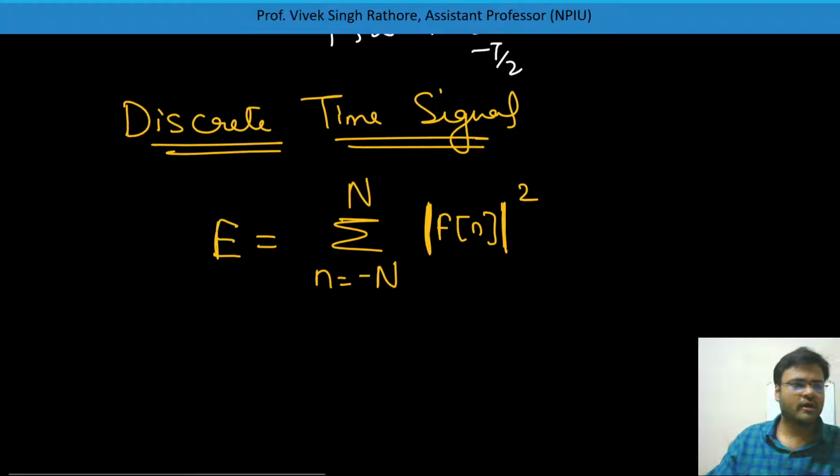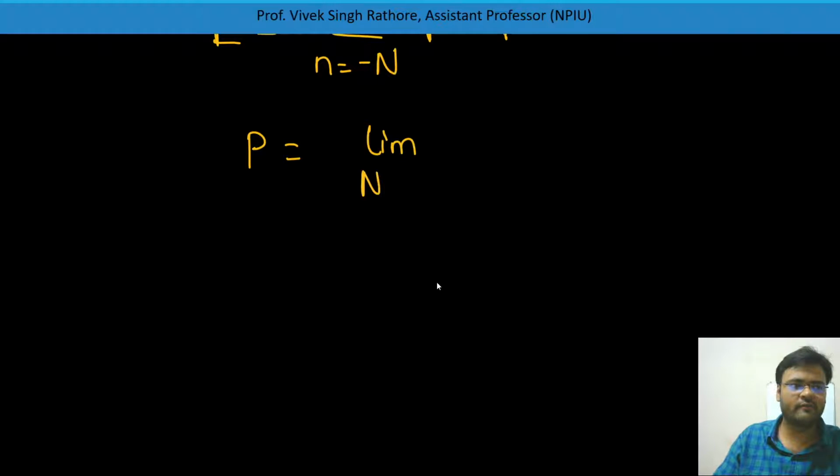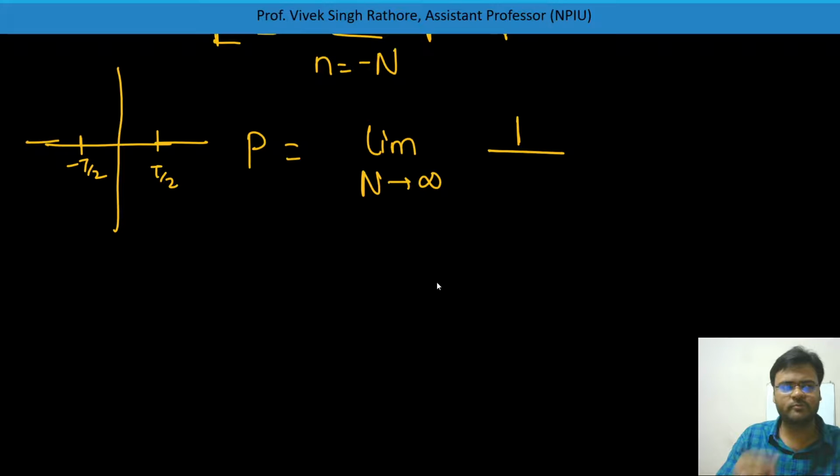Now if you need to calculate power, it will be calculated by a limit, where earlier there was t tending to infinity, here it will be n tending to infinity, right? And 1 by time period was there. Actually in a discrete time signal, whenever we take a continuous time signal, we take from minus t by 2 to t by 2, so that symmetry should be there, and we can check its periodicity also.